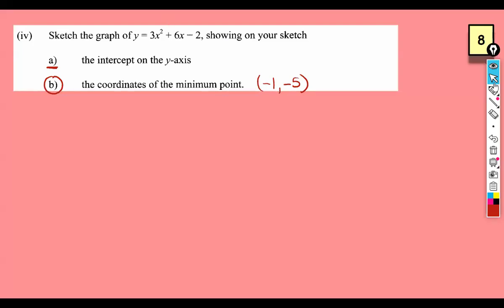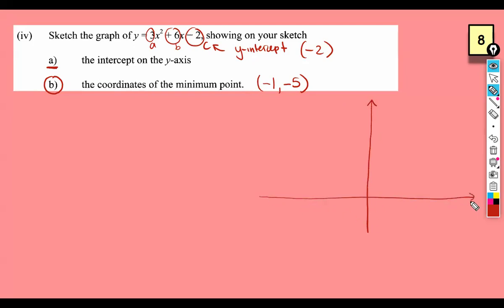Remember the c value, right? This is a, this is b in the quadratic, and this is c. c tells you the y-intercept, or where it cuts the y-axis. So c is -2, so it will cut the y-axis at -2. If you had to do a quick sketch in the exam, you just take your ruler, draw a quick x and y axis.